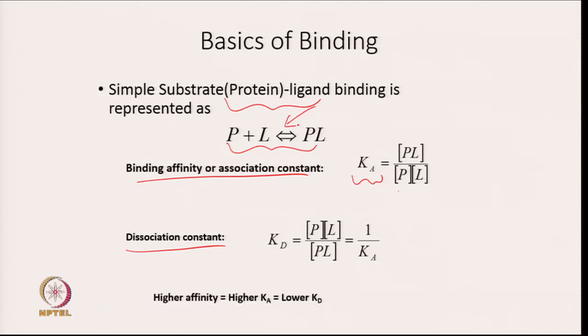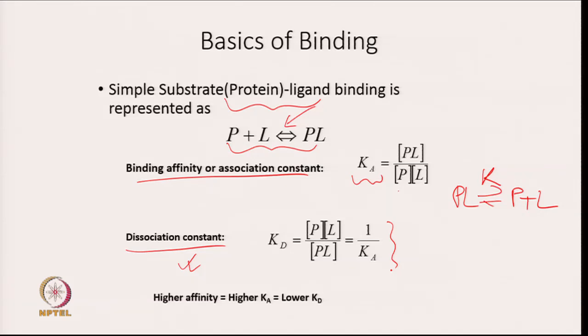There is a second way to denote this, where we look at the opposite of the equilibria, PL going to P plus L, and the equilibrium constant of this process is known as dissociation constant, and Kd is given by P into L divided by PL, and that is nothing but simply the inverse of the Ka value. What does that mean? Higher affinity is equal to higher Ka value or lower Kd. So, if you get lower Kd, it means substrate has higher affinity for ligand or ligand has higher affinity for substrate.